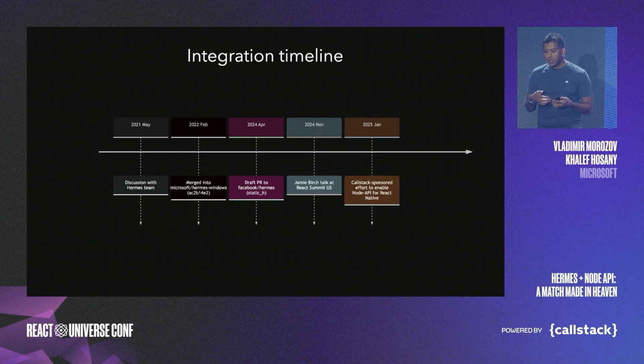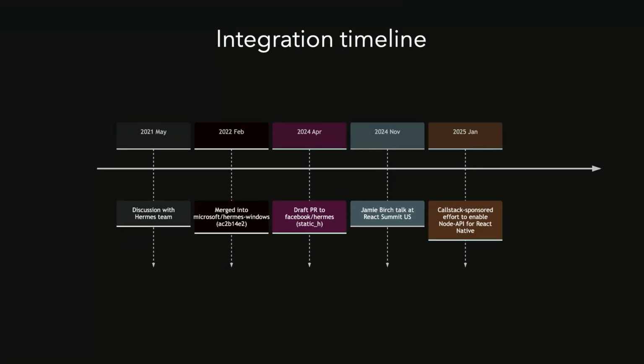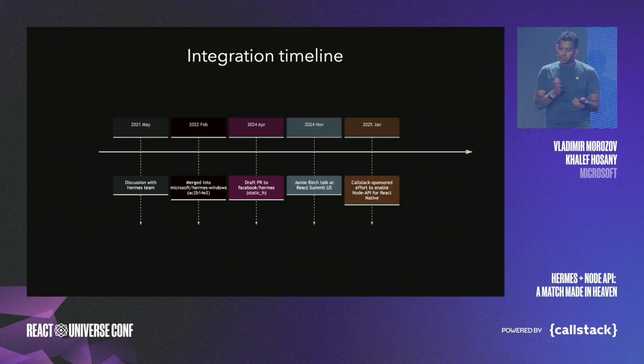We had some discussions with the Hermes team around this. Then in 2022, Vladimir introduced the first implementation in the Hermes fork that we have for Windows. A couple of years later, we started the work to upstream it to the main Hermes repo.